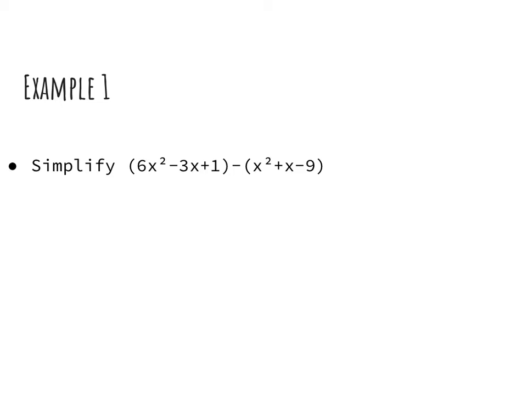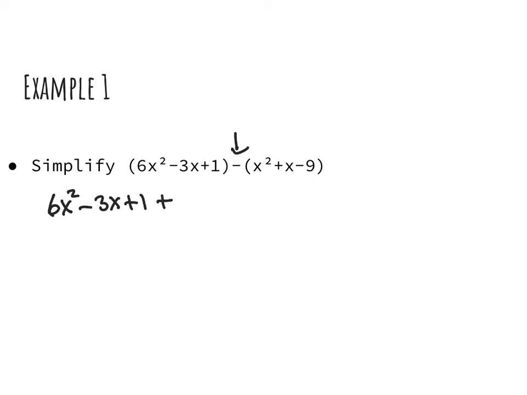So let's look at an example. We have to simplify these two polynomials, and it's a subtraction. Okay, so first we're going to remove the parentheses from the polynomial on the left. So we have 6x to the second minus 3x plus 1. We're going to change this from a subtraction to an addition. So the minus now becomes a plus.